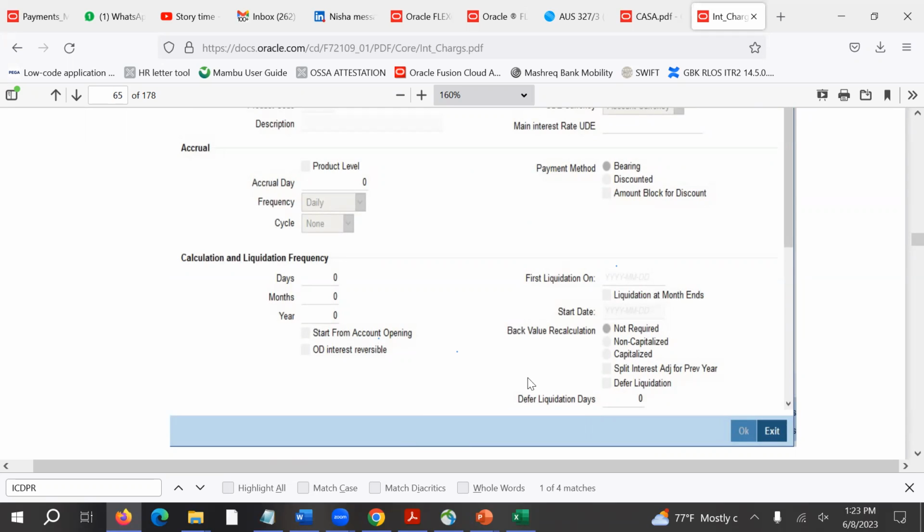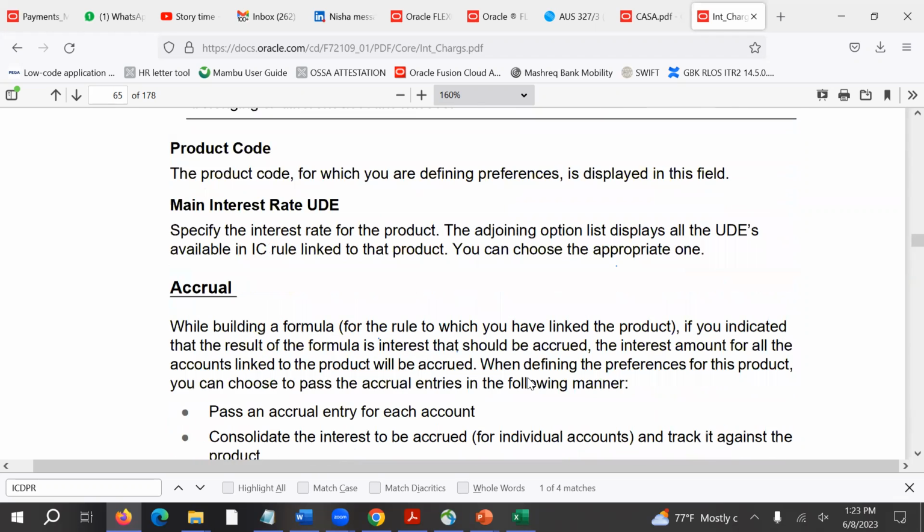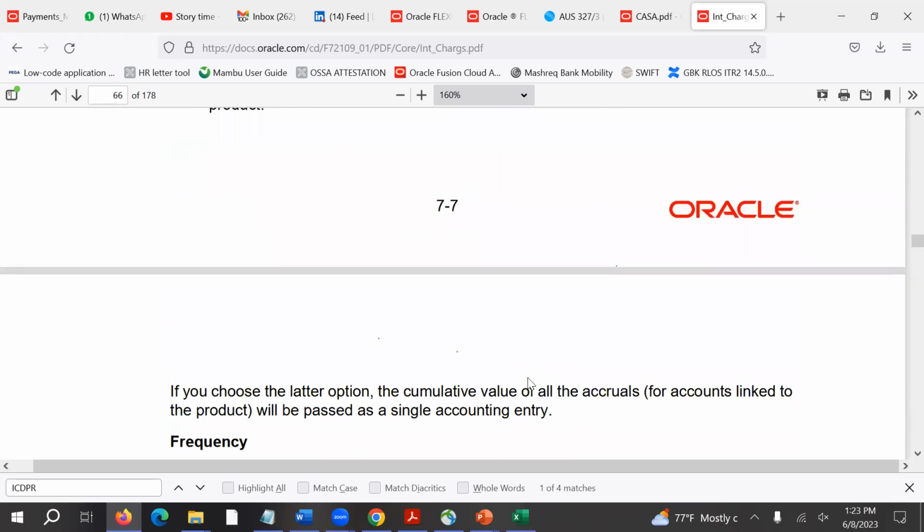Whatever the special account class level, we need to go on account level and attach that product. Then only that interest product will work. And suppose if you are giving a rate code, then every month what system is supposed to do, we can define whether you want to use the old rate value itself, or again find the new rate value.